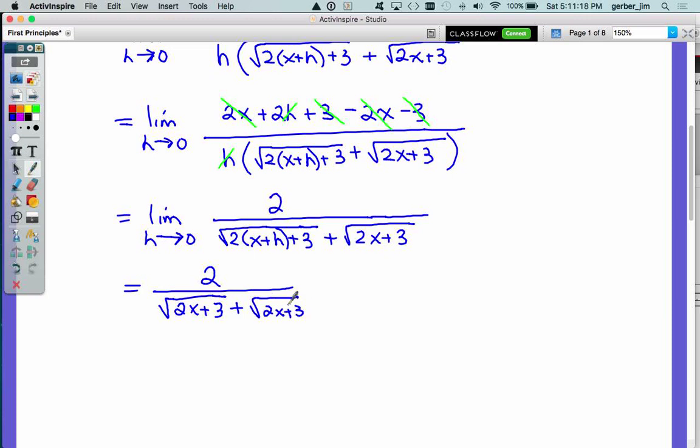So I get 2 over 2 times the square root of 2x plus 3, which is just 1 over the square root of 2x plus 3. And that is my derivative. That will give me the slope of my original equation, the slope of the square root of 2x plus 3 at any value of x that I want.